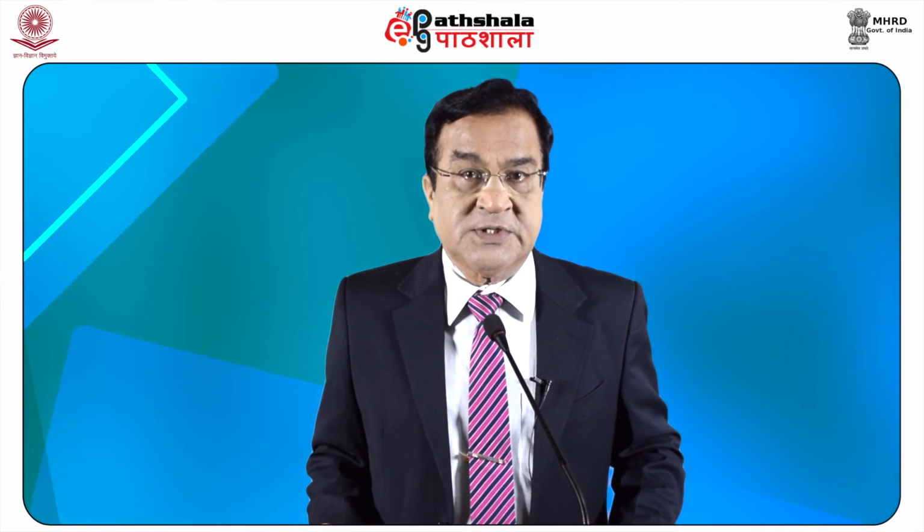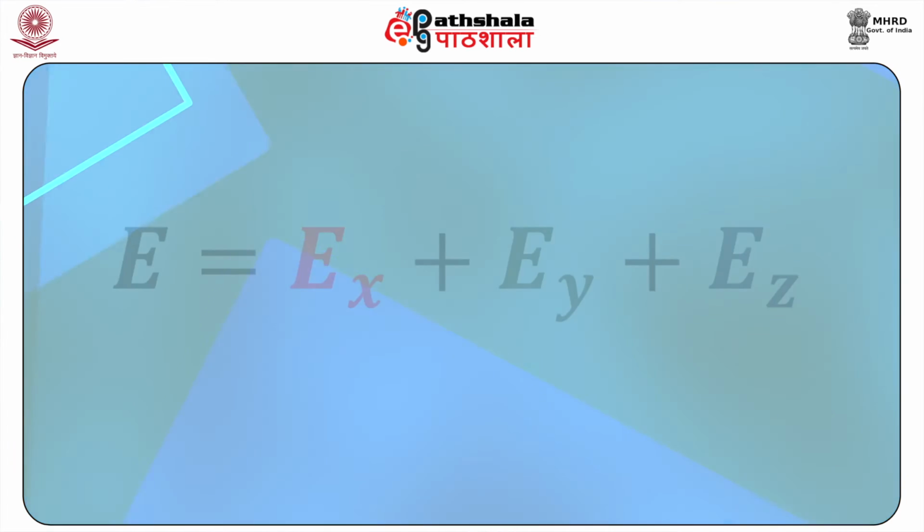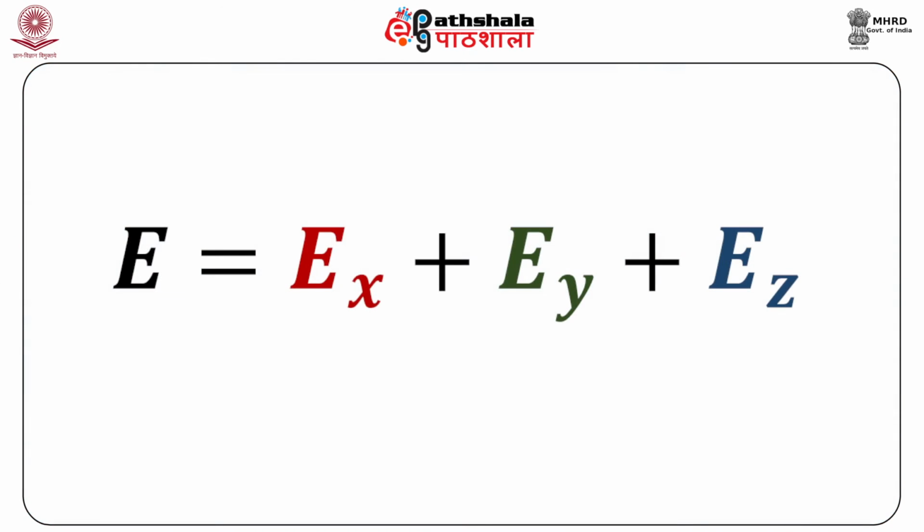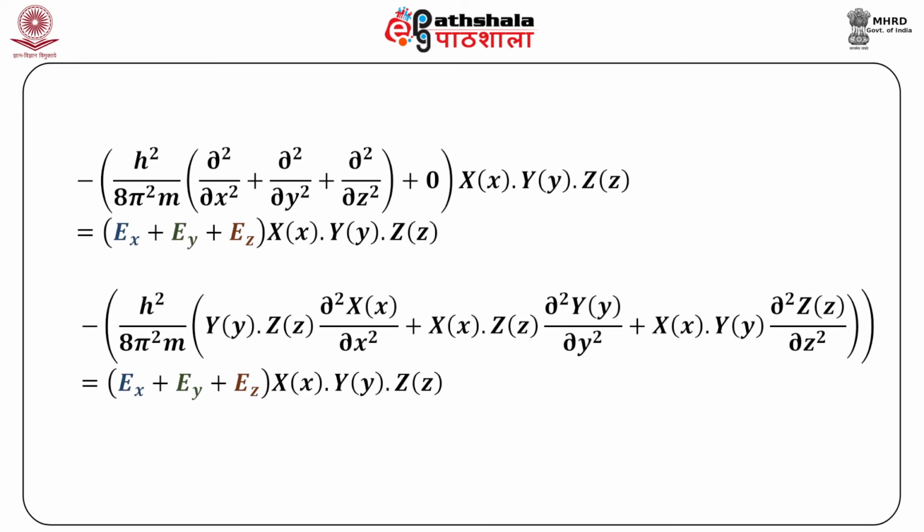So wave functions will become multiplicative, but the corresponding energy, that means the total energy of a particle in a three-dimensional box, will be Ex plus Ey plus Ez. That means the total energy is additive, whereas wave function is multiplicative. If we substitute this in the Schrodinger equation, we get this expression.